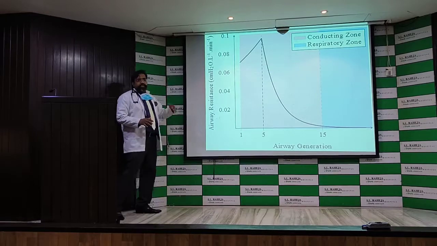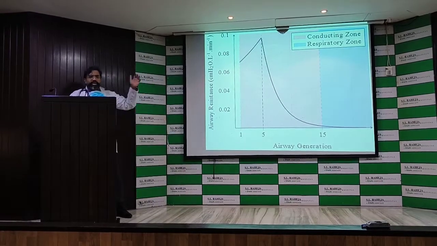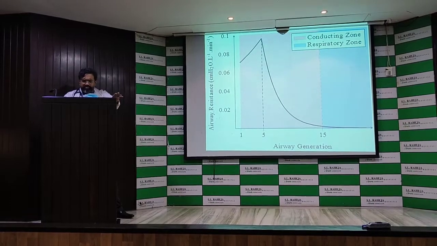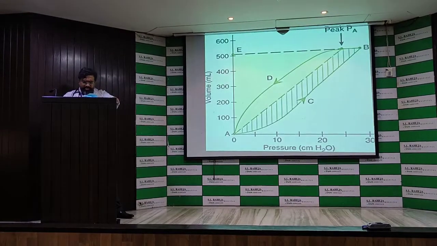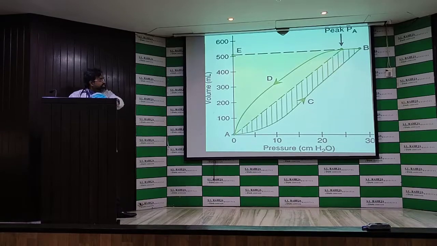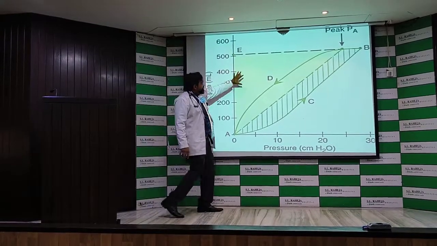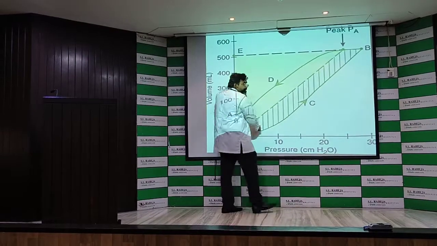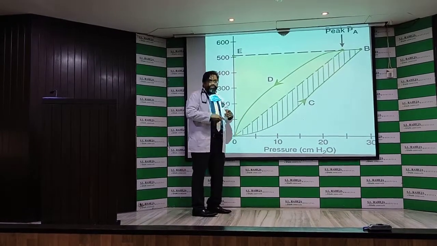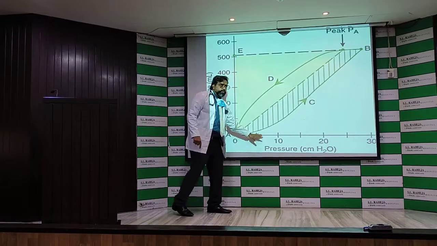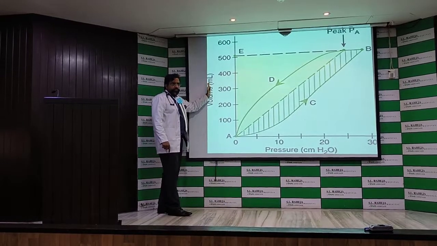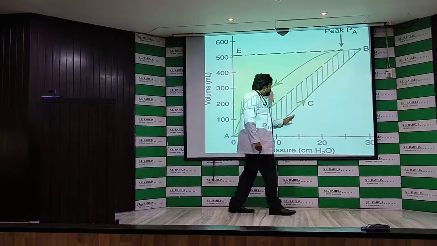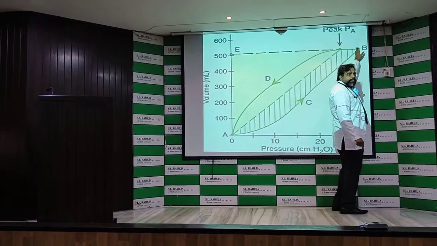Clear? So the work of breathing is maximum during your airway resistance time, in the starting. Then it is the elastic resistance, and that's what you see here. This part of the entire force is elastic, this part is airway. In your graph, a pressure versus volume loop, this is the inspiration, peak inspiratory pressure.